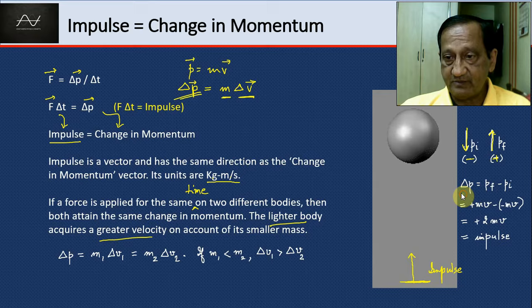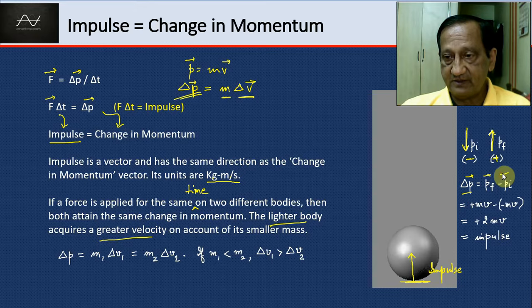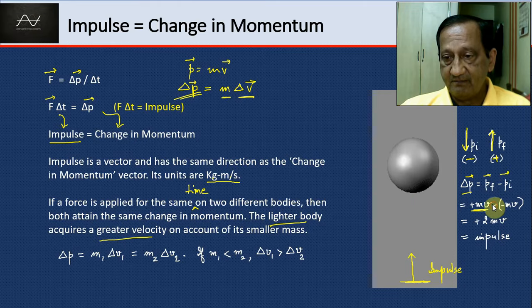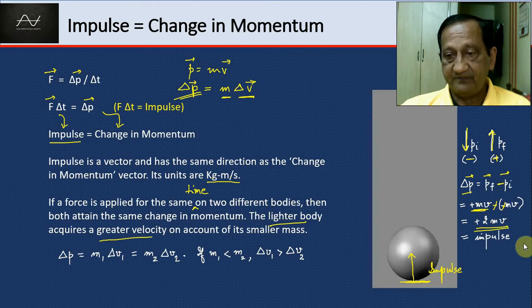What is the change in momentum? Final minus initial. Final is plus mv, upwards, minus initial, which is minus mv, so this becomes 2mv. That means the change in momentum vector is positive and the impulse is along the direction of the change in momentum vector. Remember this, very important.